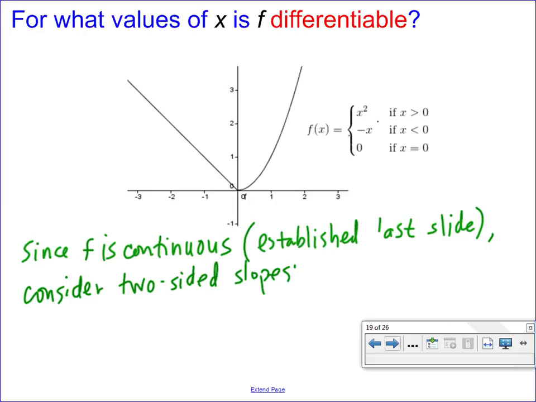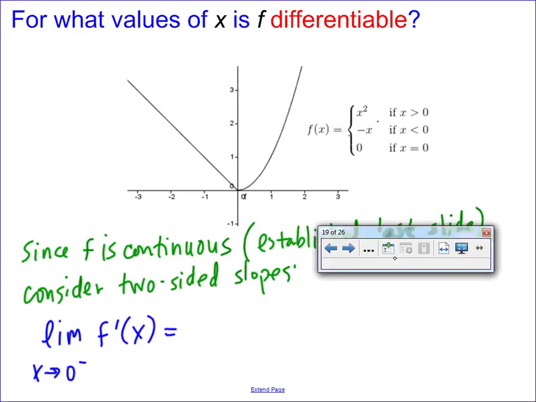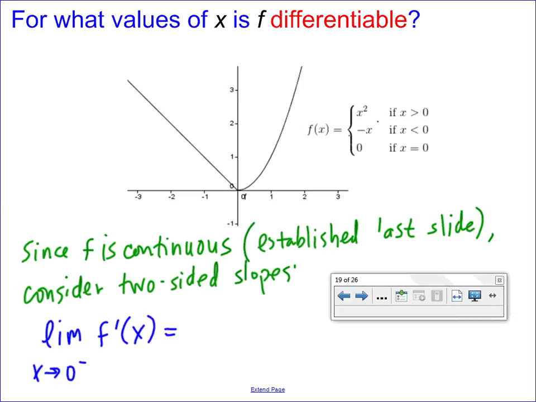What do we need? We need the left-hand slope. When I hear the word slope, I'm thinking derivative. So I need to consider the limit as x approaches 0 from the left of not f of x, but f prime of x. As I consider the function definition as x approaches 0 from the left, we know we're using the negative x definition, and the derivative of that is -1.